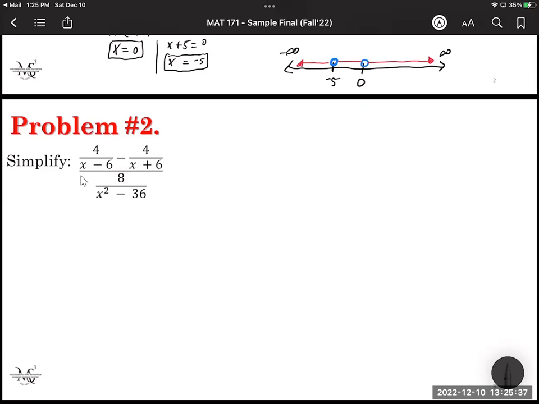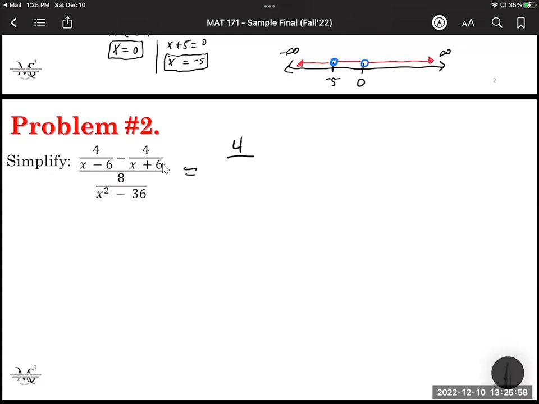So one way that can help us to find the least common denominator is to write out everything in its factor form. For example, the 4 over x minus 6 is already in its factor form, and 4 over x plus 6 is already in its factor form. There's nothing I have to do with them at the moment. Just leave them the way they are.